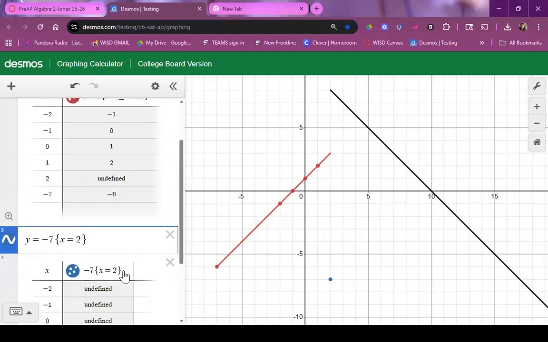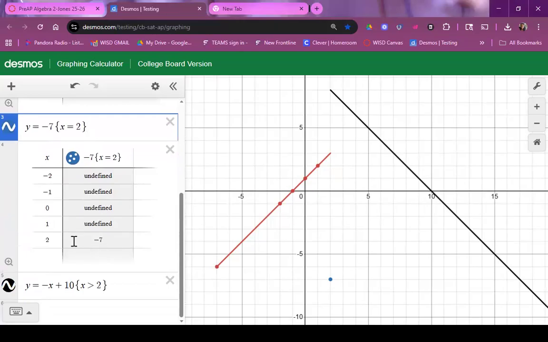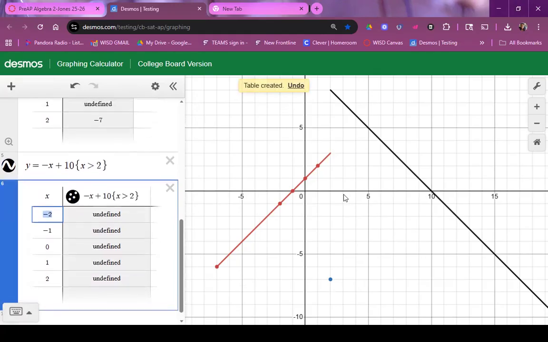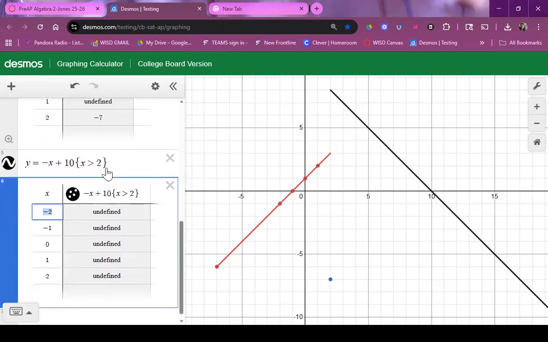We would go to this one. It tells us where we could go, and everything is undefined, undefined, except at 2, -7. That means it's just a single dot, right? And then we keep going, and then on the next one, turn on our table. It is undefined, undefined, undefined, undefined until we get where? To the other value. So this starts at 2.